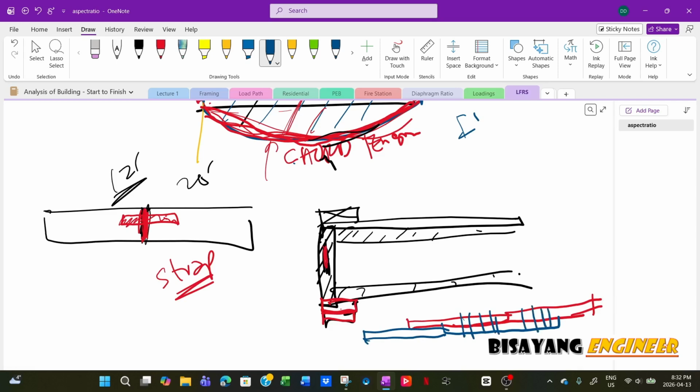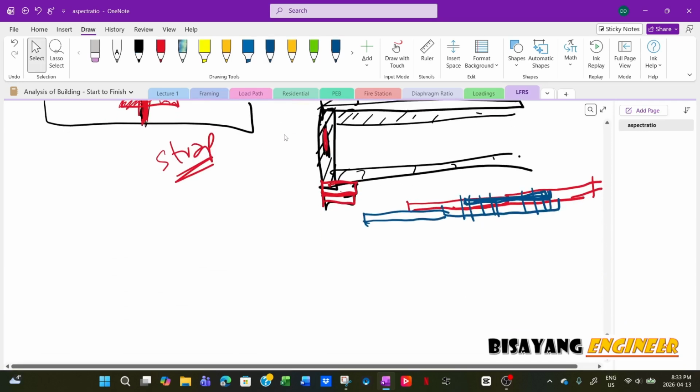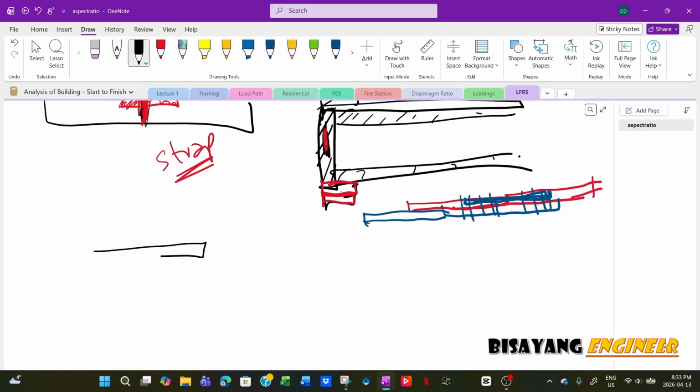But if this fastener is not enough for the tension caused by the bending of the diaphragm in that direction, sometimes we specify a strap also, because what happens now is if your connection is just the staggered splice like that one.